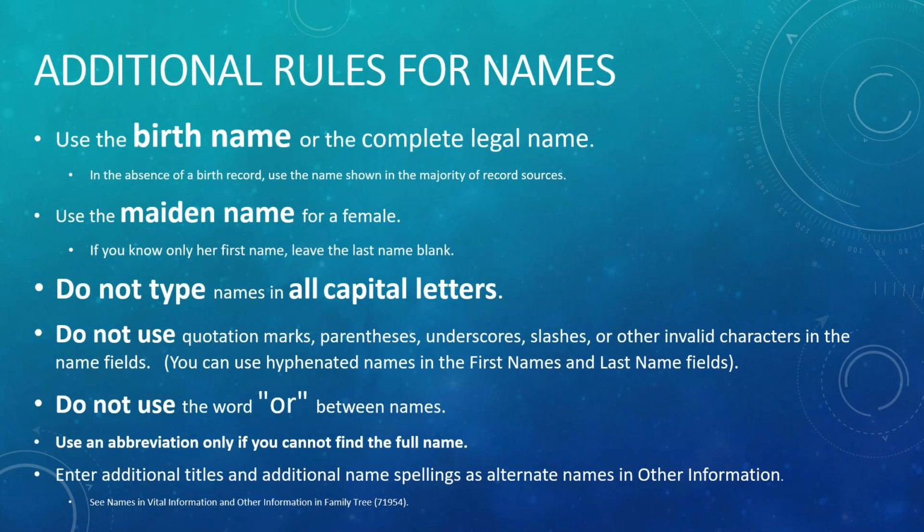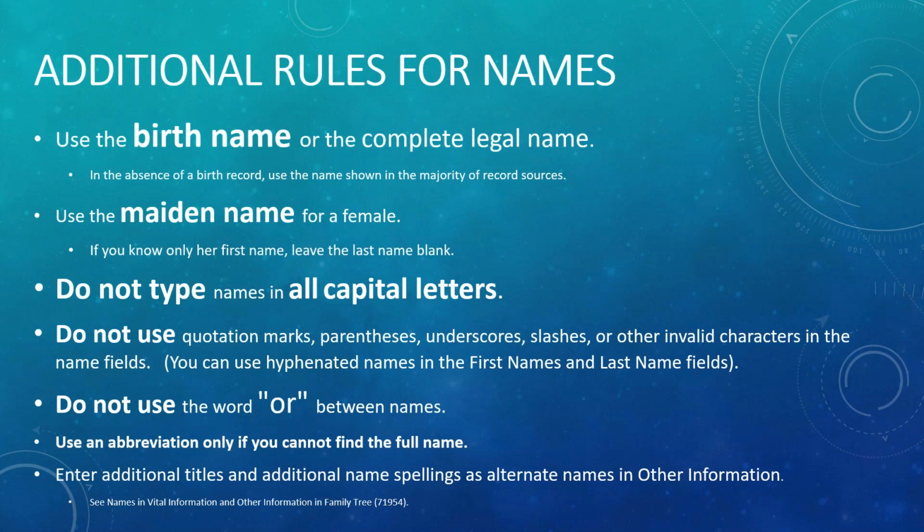So there are some additional rules. You want to use the birth name field or birth name in that first vital information field. And you want to use the maiden name for the female. A lot of times people will say, well, I don't know the maiden name. In that case, you're going to leave it blank or empty because you want to be able to find the maiden name. And by having the married name in there is going to cause confusion. And you don't want to type in all caps.